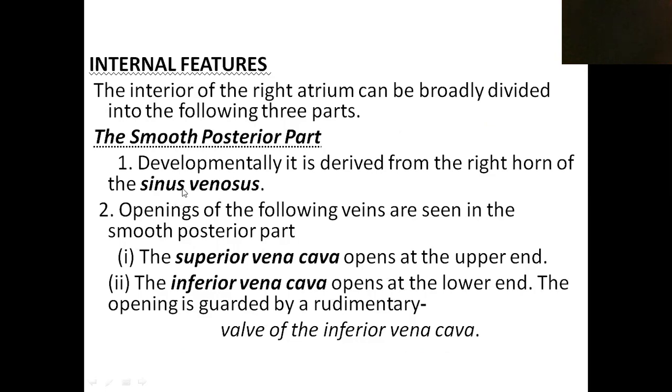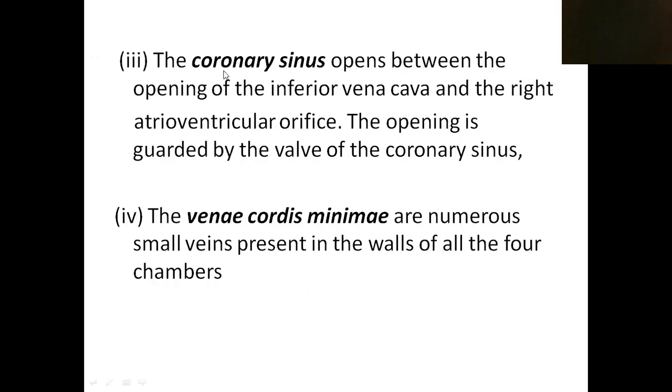So first its development, then two openings: the opening of the superior vena cava and the opening of the inferior vena cava. Then another opening, the coronary sinus, between the opening of the inferior vena cava and the right atrioventricular orifice. What is the coronary sinus? It is a vein which drains the heart.